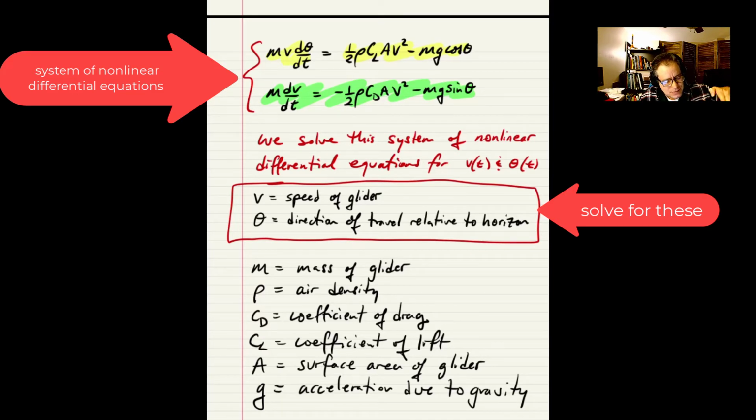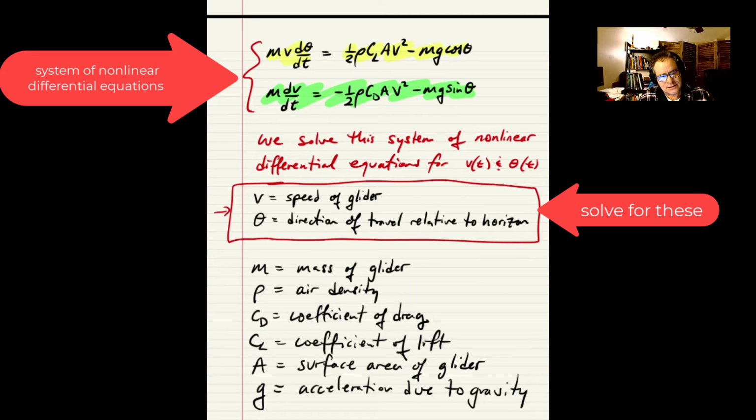So the craft could be pitched in any particular direction and be going up or down, and it's really the direction of its motion that we're tracking with the variable theta. Not technically the pitch, but in a very simple model here, we can assume that it is pointed exactly in the direction it's traveling and refer to the direction of travel as the pitch and the direction of the velocity. Okay, so these are the actual variables that we're solving for.